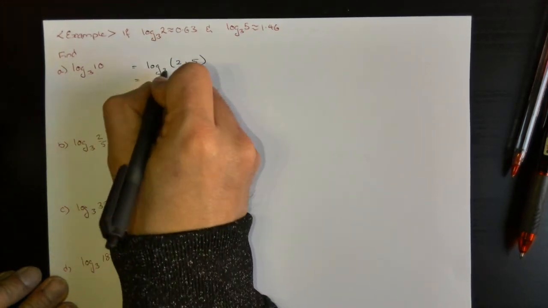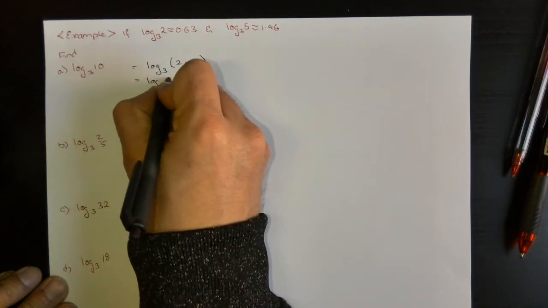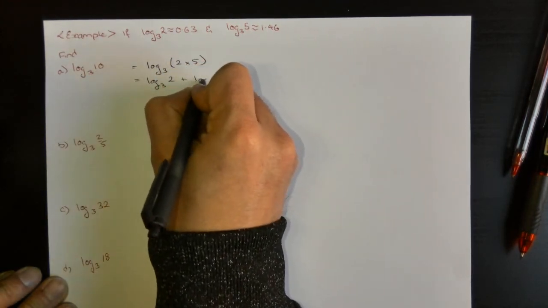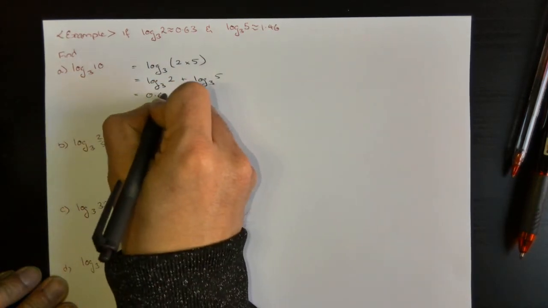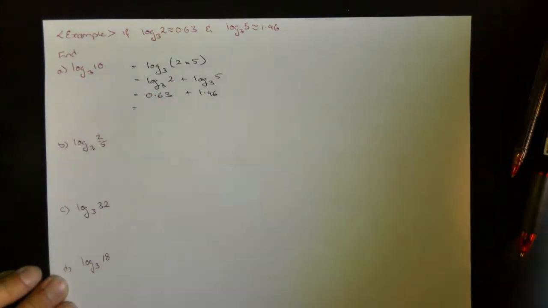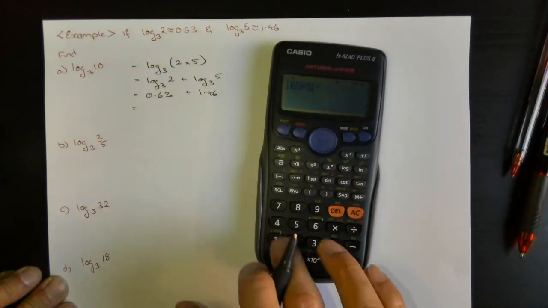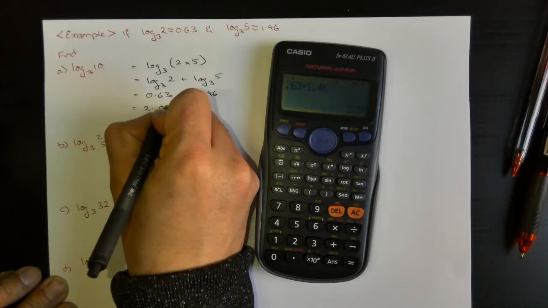Because 2 times 5 makes 10, that's going to be the same as log 2 plus log 5. And because I've got 0.63 plus 1.46, we get 2.09.